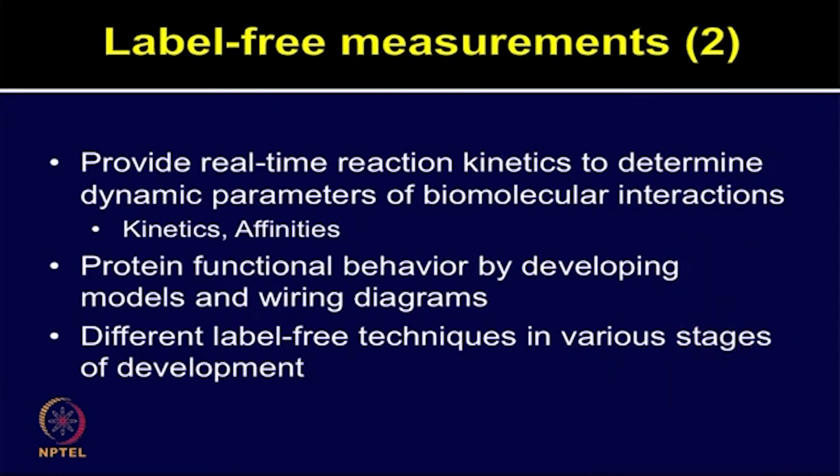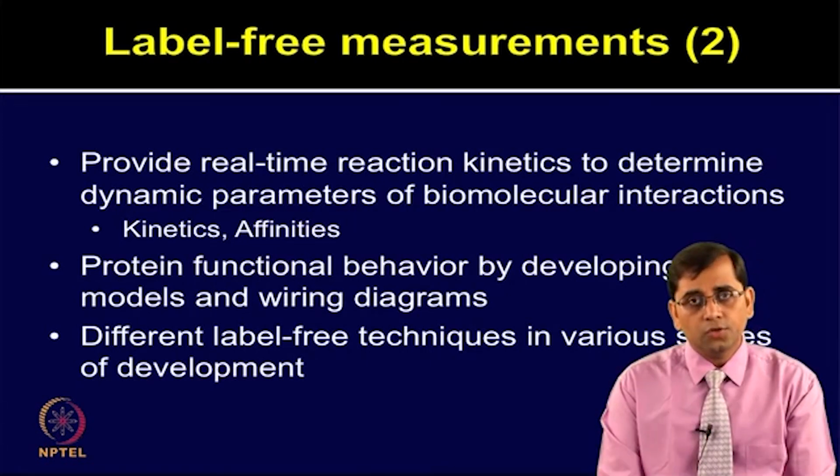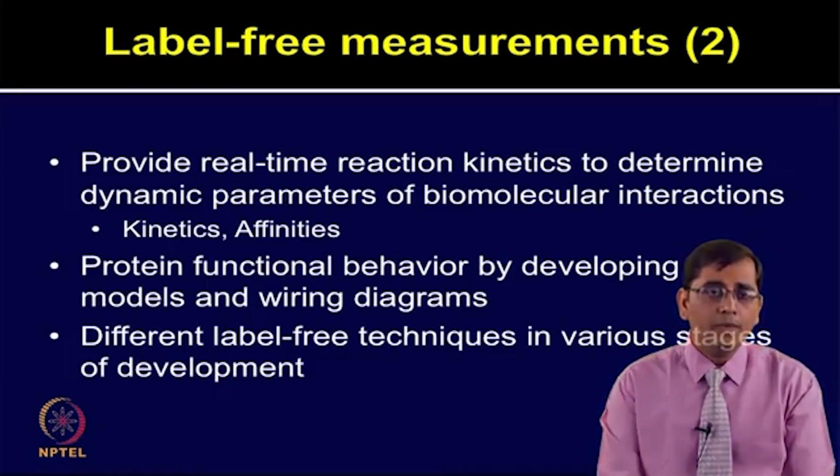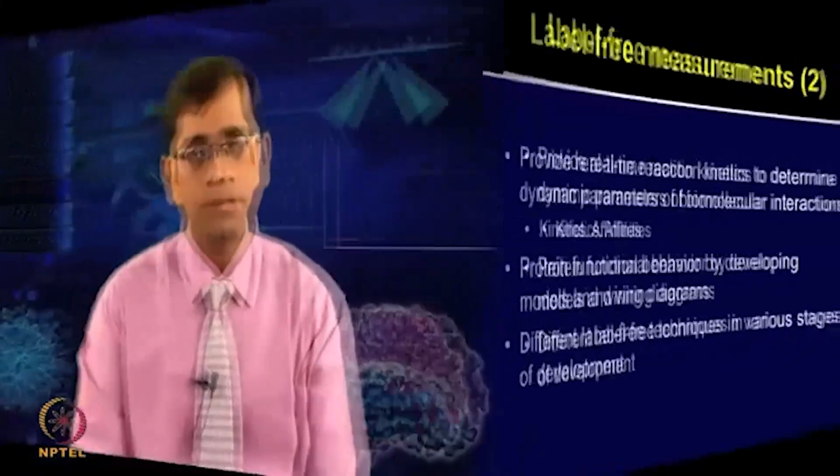Protein function behavior can also be studied by developing models and wiring diagrams once you have obtained the kinetic parameters from these experiments, which is not possible by label based methods. There are different kinds of label free techniques, currently at various stages of development.